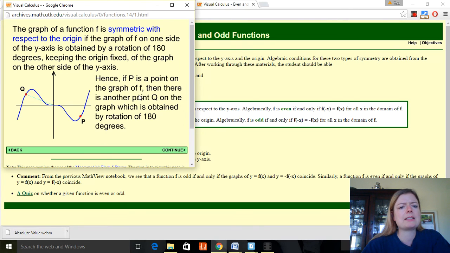So if P is a point on f, then there's another point Q, which is obtained by a rotation of 180 degrees. Or you can think about it as a reflection up and a reflection over. You'd get to Q. Now I want you to think about if P is denoted by (x, y), what would Q be denoted by?